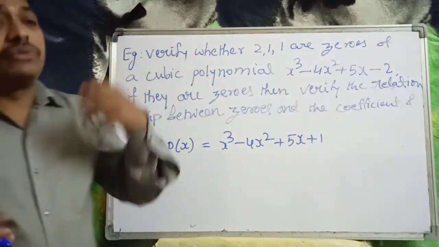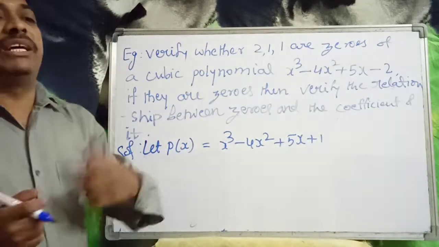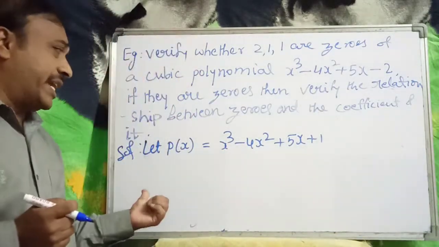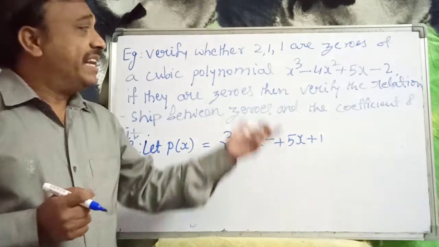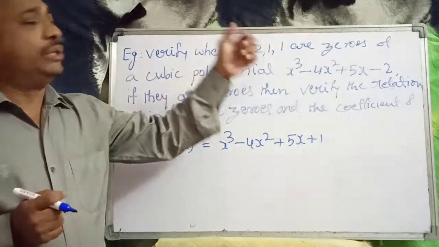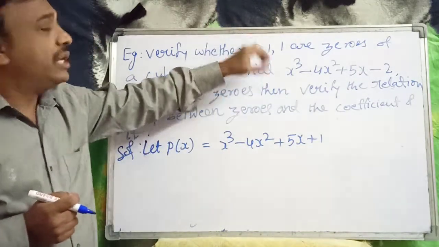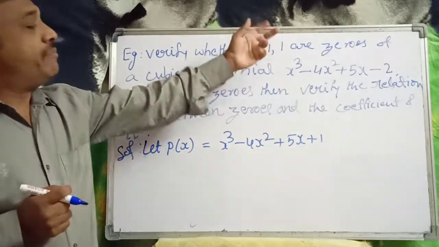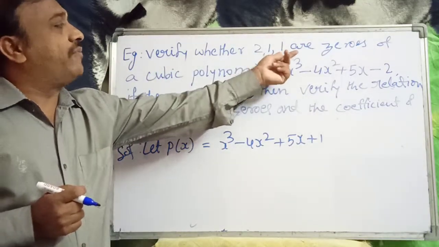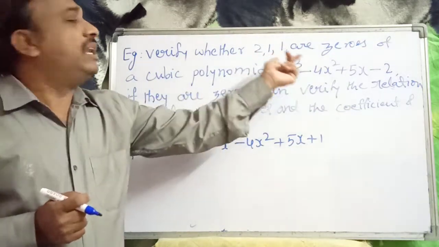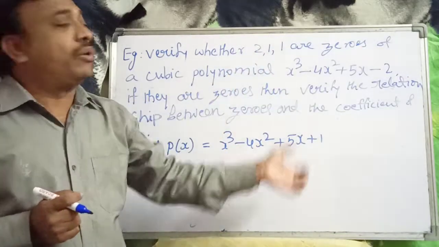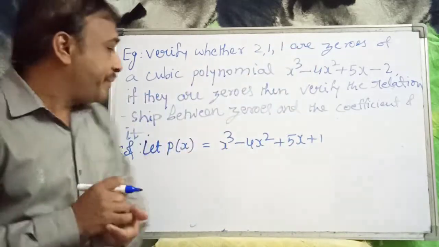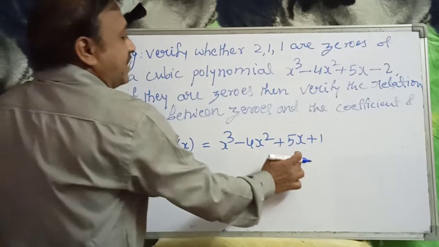So how to verify whether it is a zero of the polynomial or not? By substituting in place of x one value each time. First we substitute 2, then we substitute 1, because these two values are 1 and 1, both are the same, the zeros are equal. So if one time you get 0, then there is no need to substitute another time.